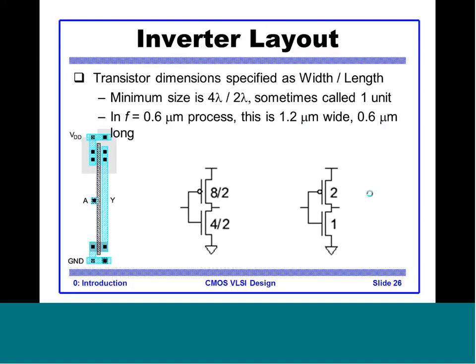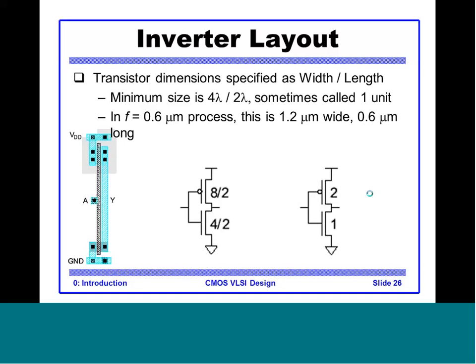The transistor dimensions are specified as width divided by length. This is the notation we use. So minimum size is 4 lambda by 2 lambda. If we remember, lambda was the feature size divided by 2. Feature size is the minimum channel width a technology can have.